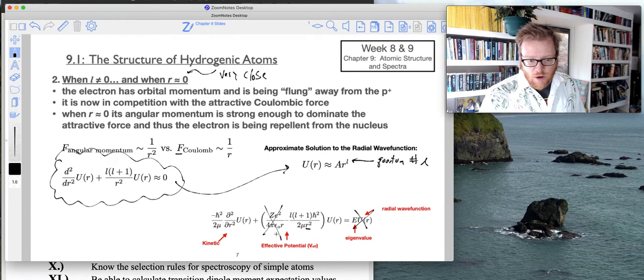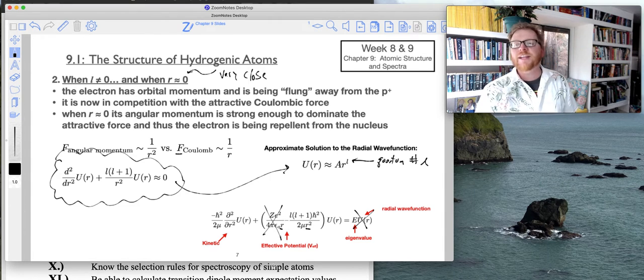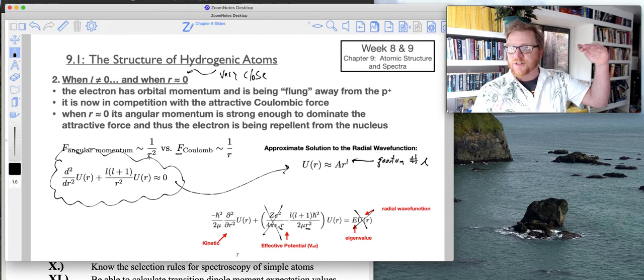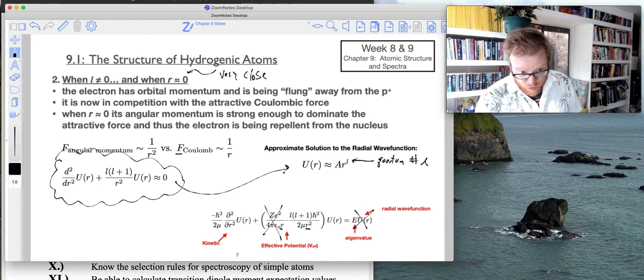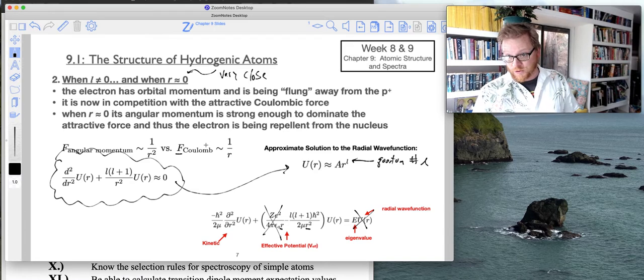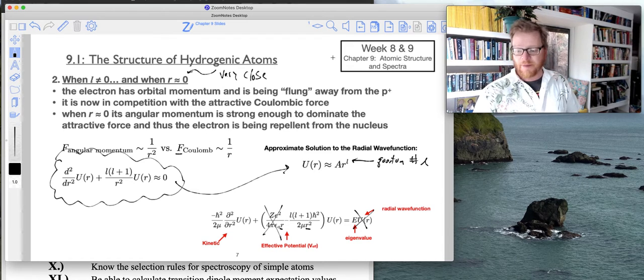There's the R squared, and there's the R. So for a very small R, when you take 1 over a very small number and then square it, that gives you a huge force due to angular momentum, much larger than the force due to Coulomb's law. Okay, so hopefully that makes good sense.